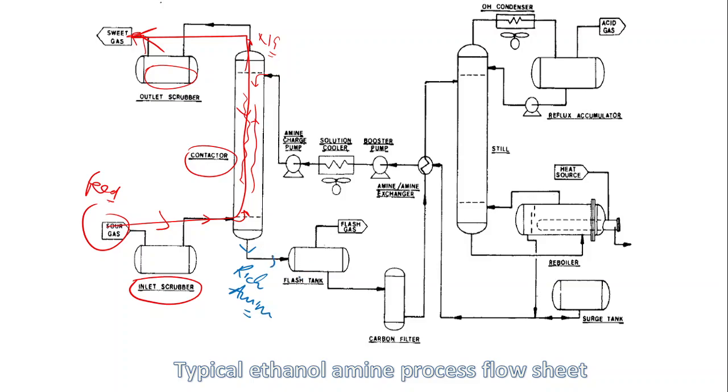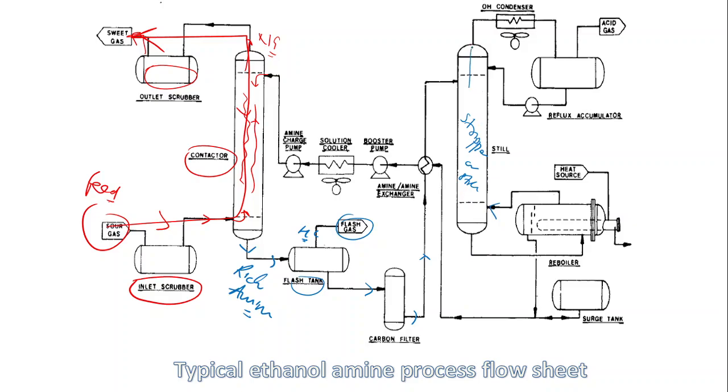It is first sent into the flash tank, where there are chances of light hydrocarbons being absorbed by the amines, which can be flashed out, and then we go to the carbon filter where other materials and solid materials can be filtered out, and then we send the rich amines into the stripper or still. In this one we have to use steam at high temperature so that the stripping action can take place here.